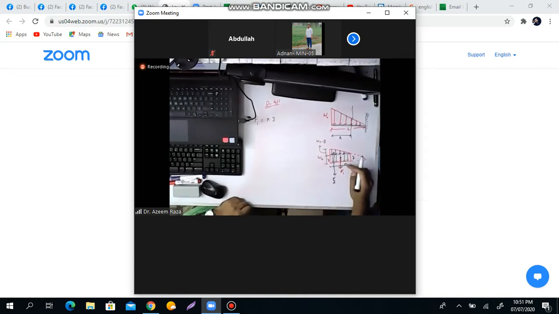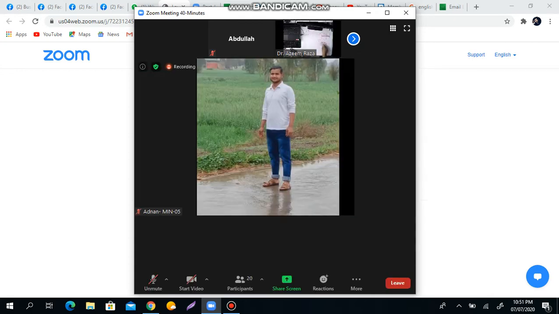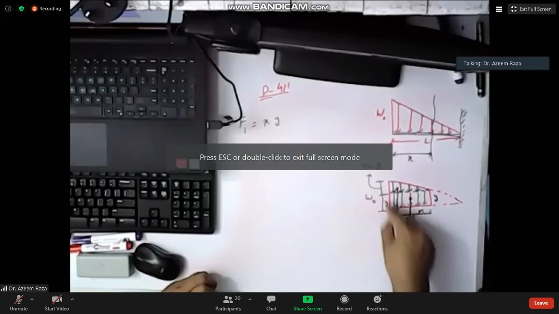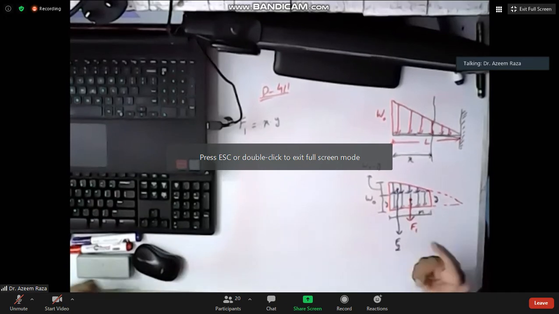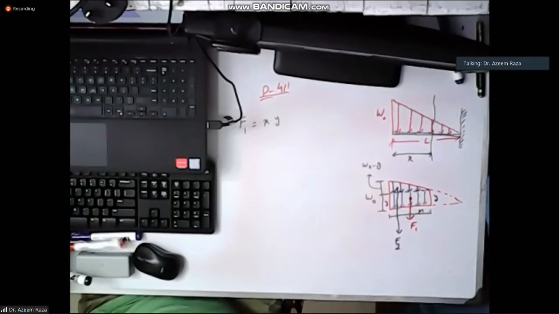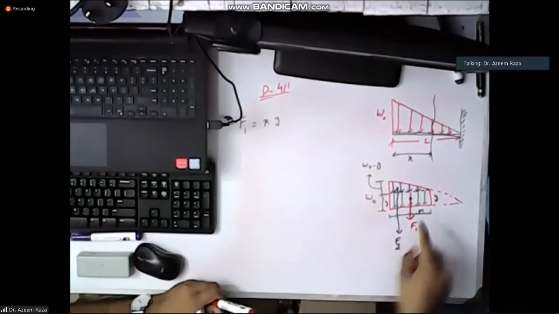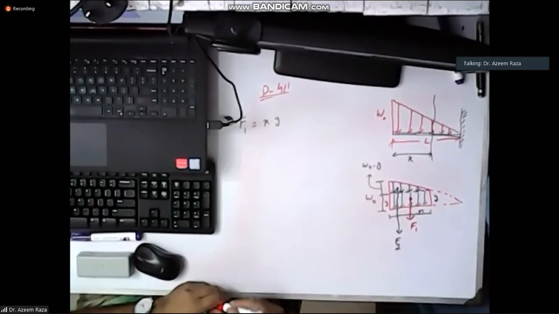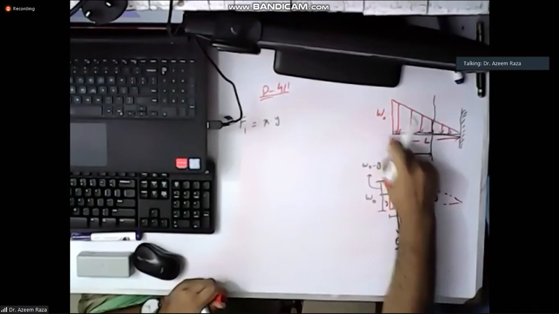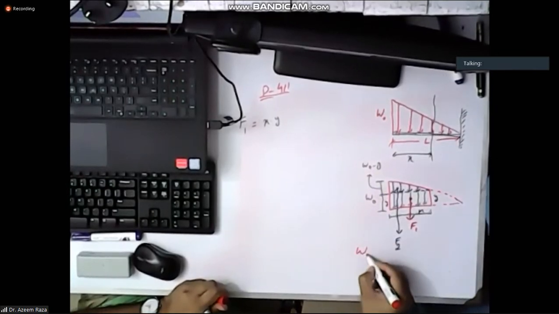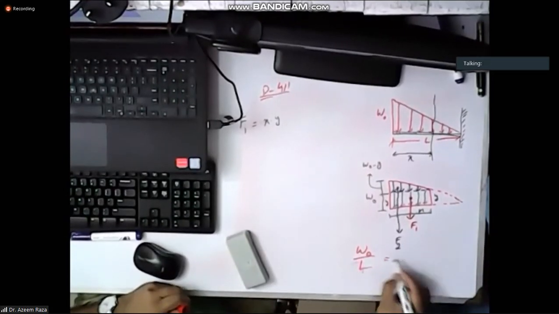Y I can compute using these triangles, just like the last case we did. We said that the ratio of the sides for similar triangles would be exactly the same. So for the larger triangle, this ratio is W0 over L. Everybody with me?